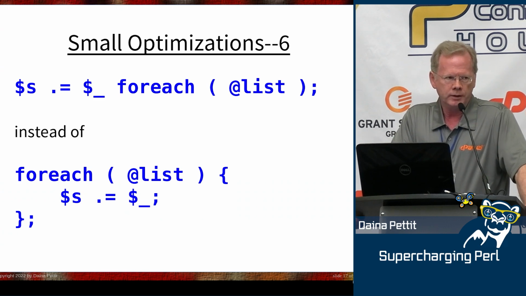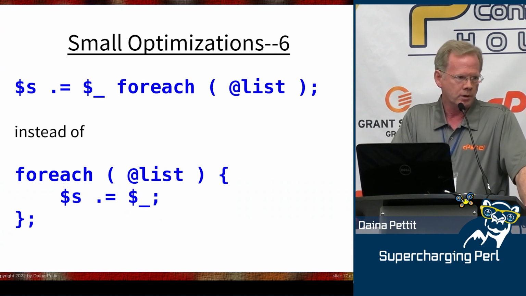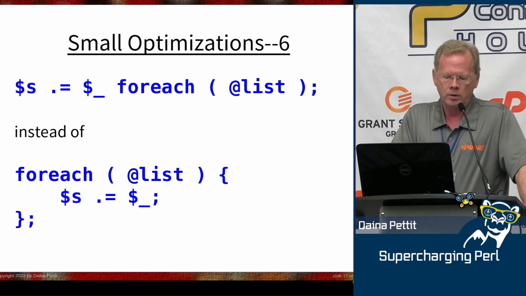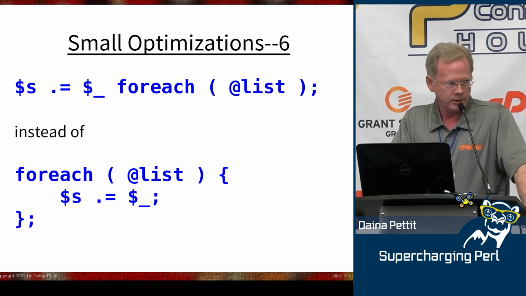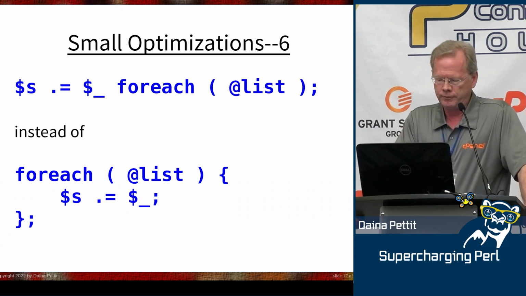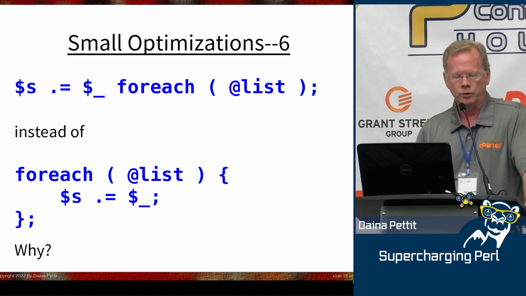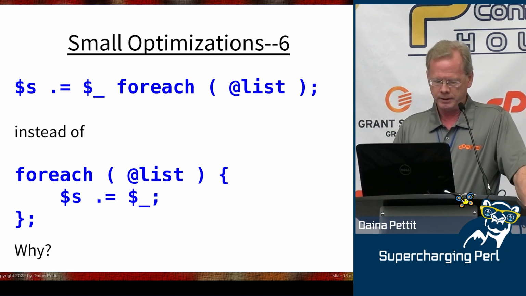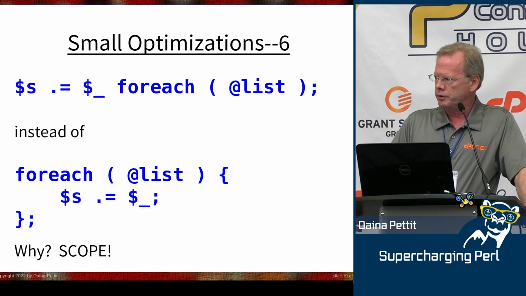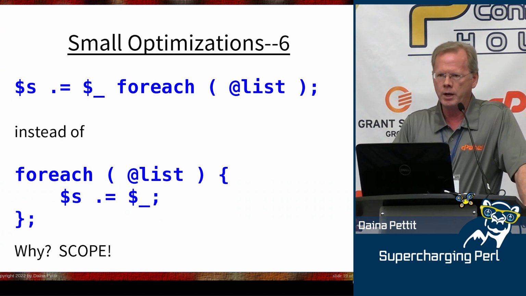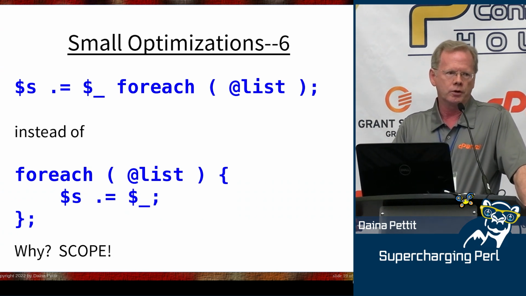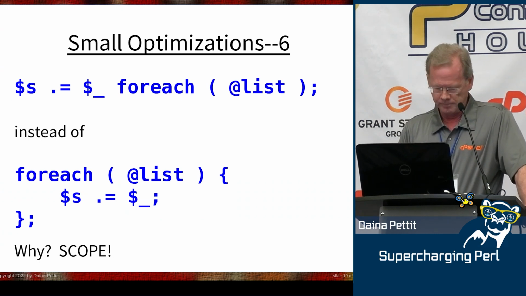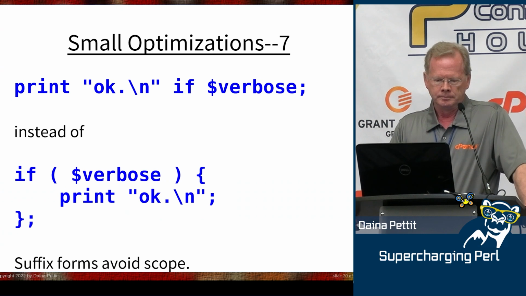We also have the inside-out foreach, sometimes called the suffix form, where you put the foreach at the end of the line, and then you have a single statement that it loops over. This is actually faster, and the reason it's faster is because we don't introduce a new scope. Every time you have the curly braces, it has to create a scope, and that takes time.